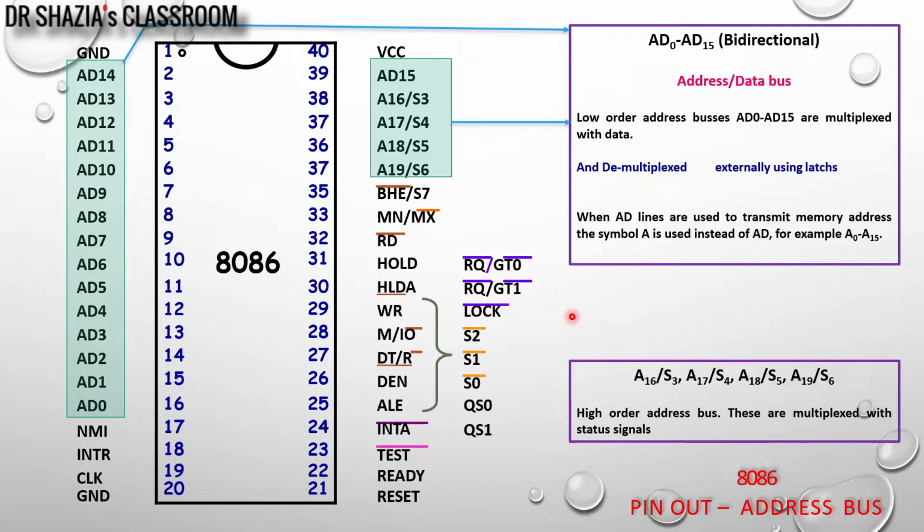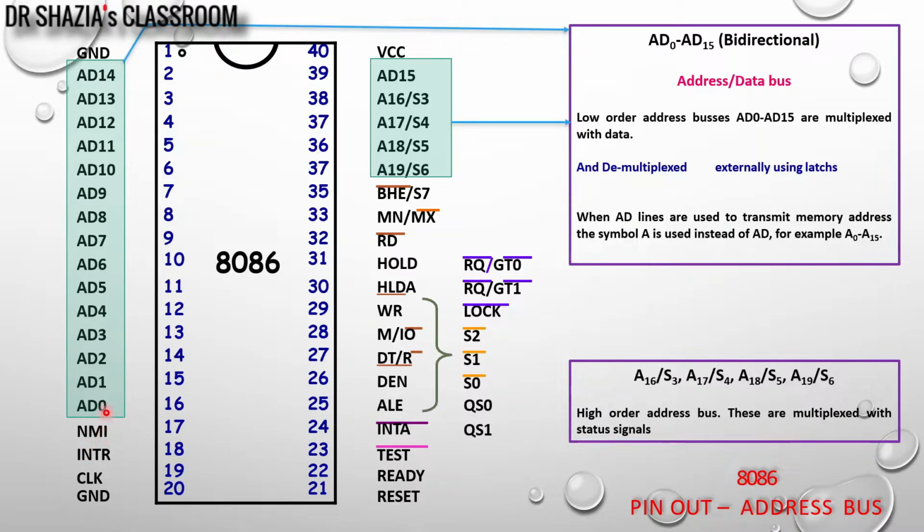As we know, to execute any instruction, the processor goes through a sequence of operations: first it generates the address, then it generates the control signal, and then data transfer takes place. So address and data transfer will not happen at the same point of time.